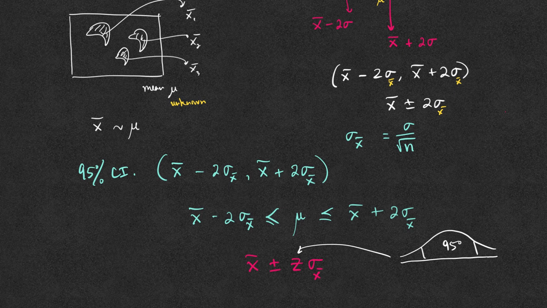For the 95% confidence interval, we will find that the actual z-score is 1.96, which is very close to the number 2 that we use. We use 2 because the standard deviation rule says that 95% of the data falls within 2 standard deviations away from the mean. But again, the actual z-score is 1.96 for a 95% confidence interval. If we were to construct an 80% confidence interval, then we don't expect z to be 1.96 anymore.